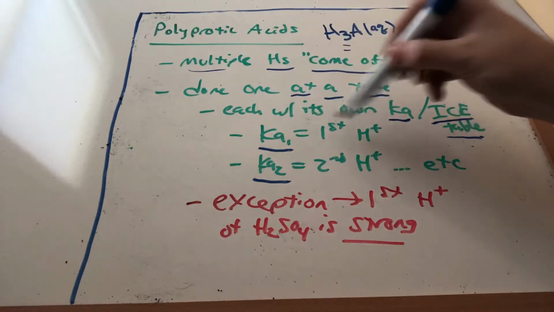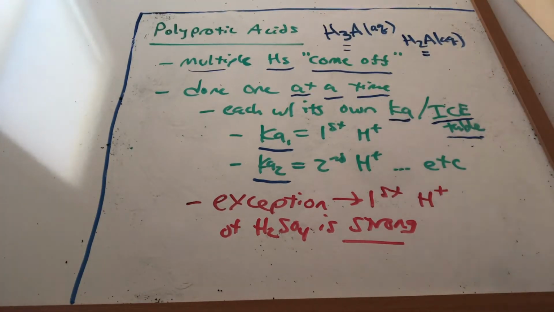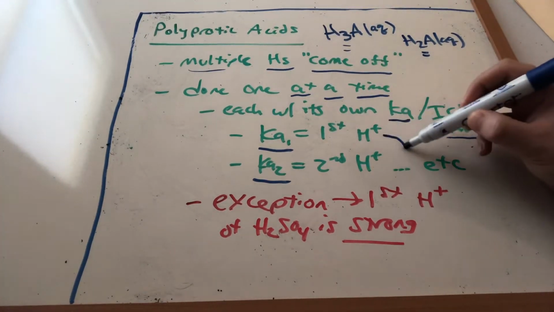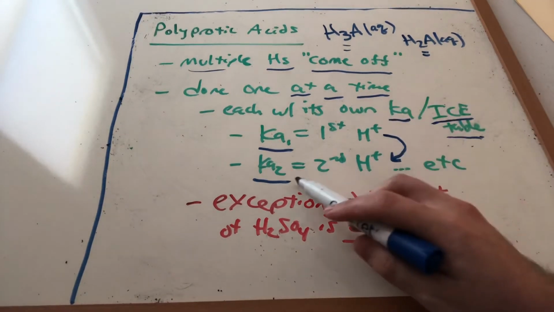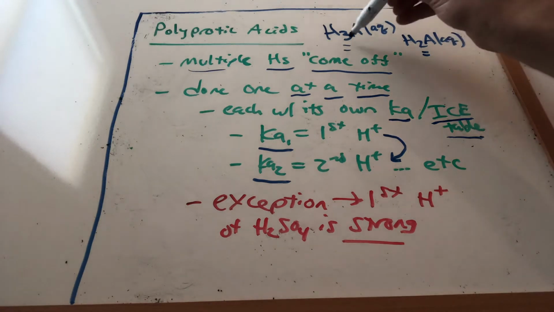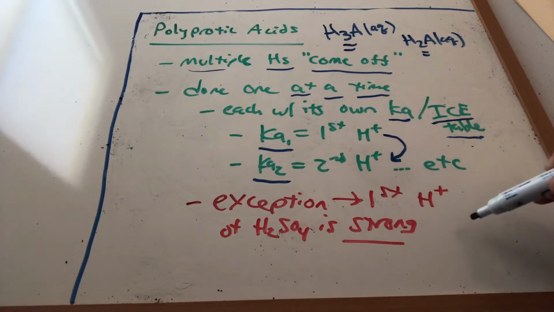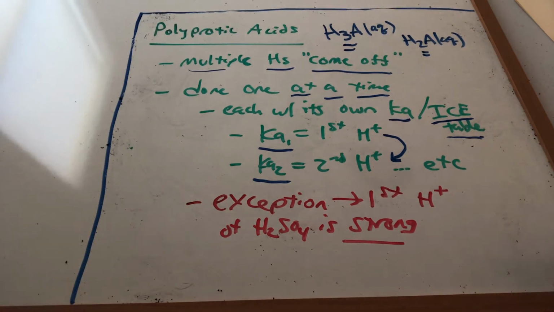When you do a Ka1 calculation and use the first ice table, that info then gets passed to the second ice table that utilizes Ka2. If you have three H's, you repeat that process and keep passing information down until you run out of Ka's, until you run out of H's to give.